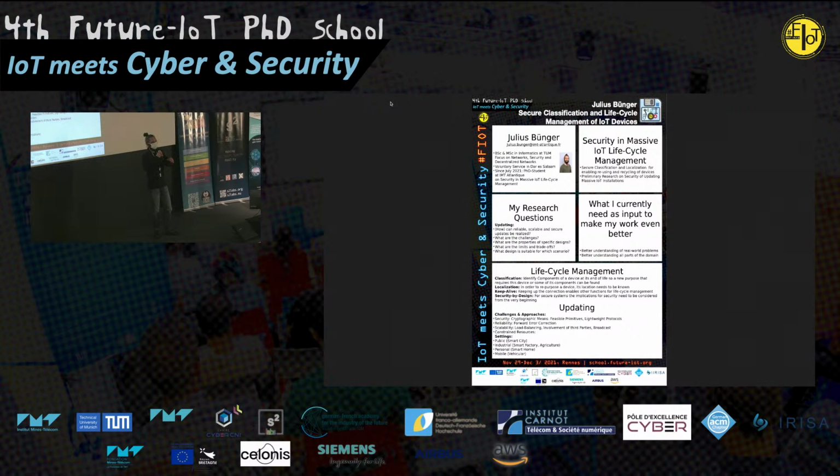As we just started, we're looking, and it's a very, very big area. We started looking at updating IoT devices or deploying those. So what we currently do is look at what's already there, and we see lots of different approaches that focus on different problems, different challenges, at different levels.